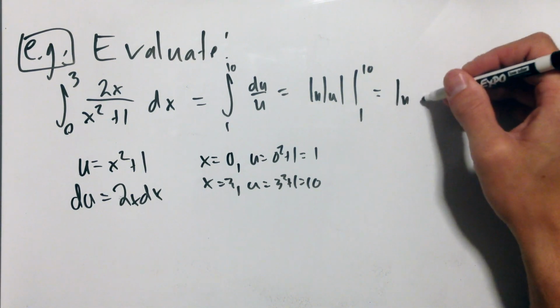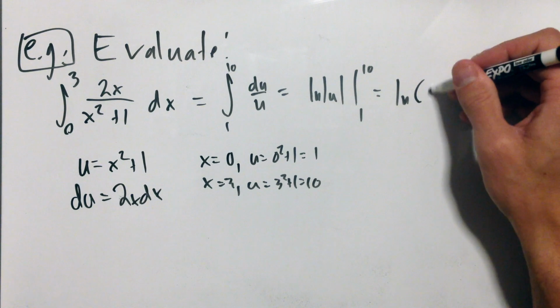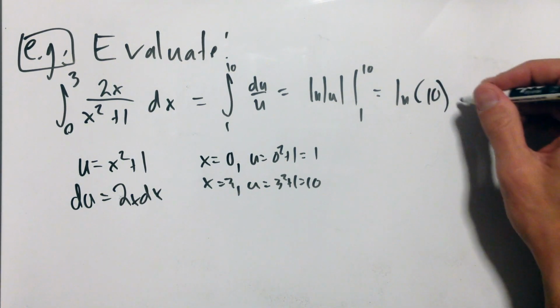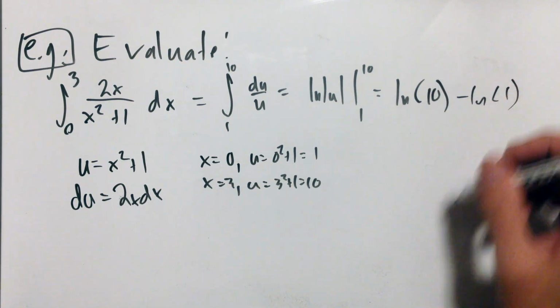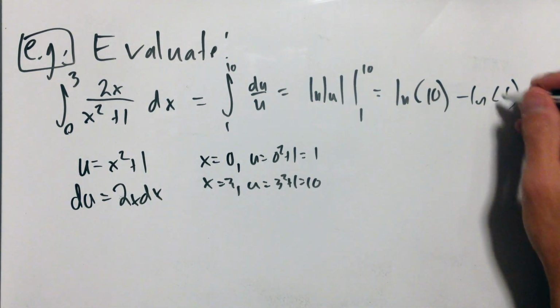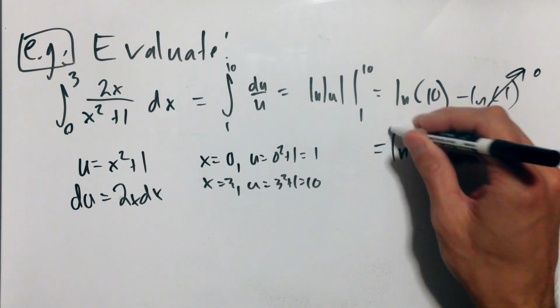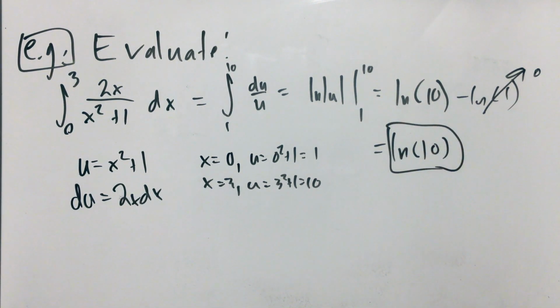I get the natural log of, we have the absolute value here, but the absolute value of 10 is 10, so I just get the natural log of 10 minus the natural log of, again, the absolute value of 1 is 1, and the natural log of 1 is 0, so this is just equal to the natural log of 10.